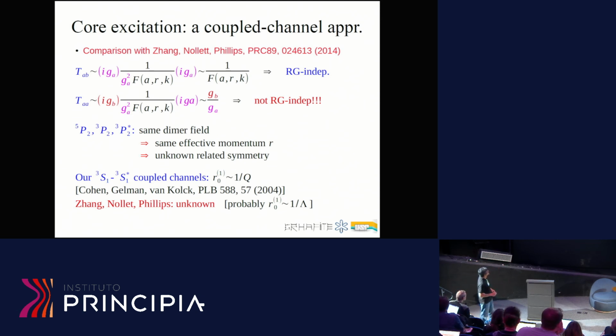But we also noticed a few problems with their approach, which introduced the core excitation as a dimer, but they didn't look at the problem with all the channels involved, especially the transition from the off-diagonal parts of the interaction. And we saw some renormalization issues that perhaps we can put into the discussion section, but I do not have time to discuss here in detail.